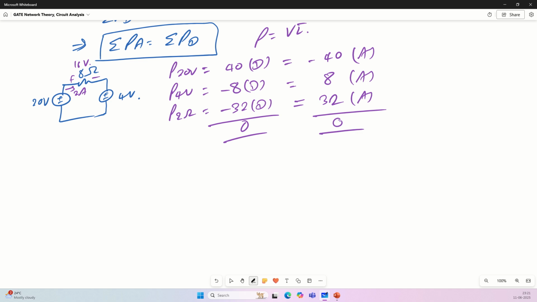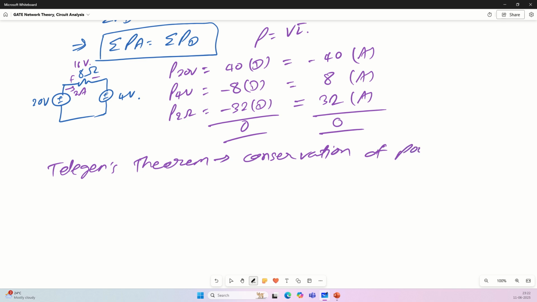So you can say Tellegen's theorem means it is conservation of power. Understood? So conservation of power is the principle that comes from Tellegen's theorem, and it tells us that the summation of all the power absorbed is going to be equal to the summation of all the power delivered.